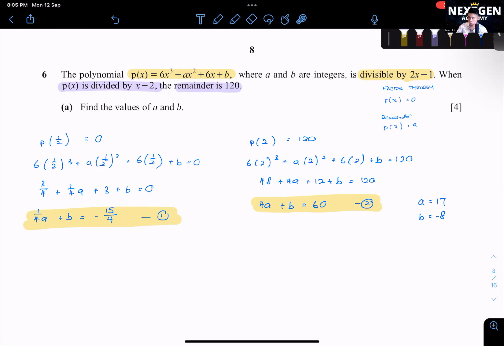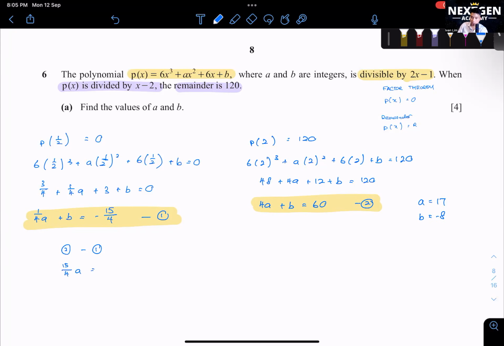For me, what I will do for this, I will do elimination because it's faster. You can do substitution also, but try to do elimination if you can, because actually it's faster. So equation 2 minus equation 1 because I want to eliminate the b. So 4a minus 1 over 4a, I'll get 15 over 4a.